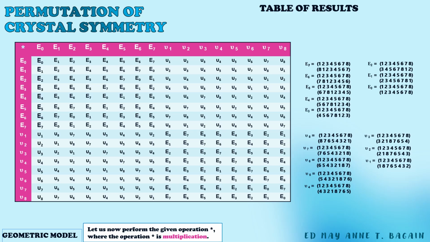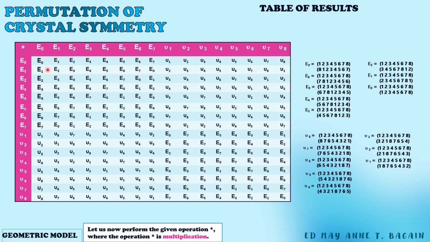The same with this, epsilon sub 0, then we will just go back to 7, and then 1, 1 is 2, 2 is 3, 3 is 4, 4 is 5, 5 is 6, 6 is 7, 7 to 0, because that would be the end. Okay, so that would be the secret of this whole table.